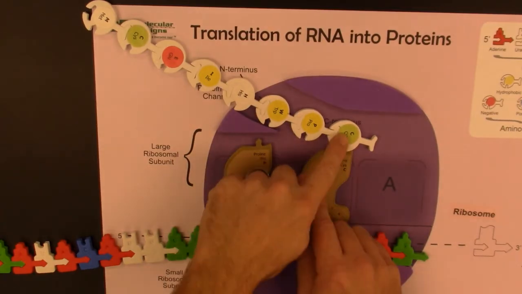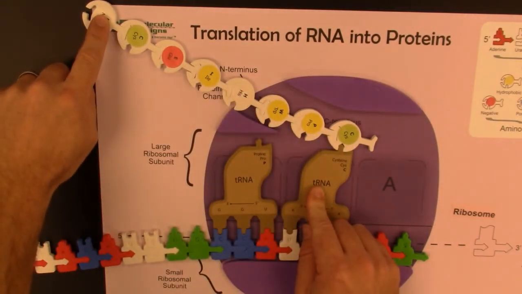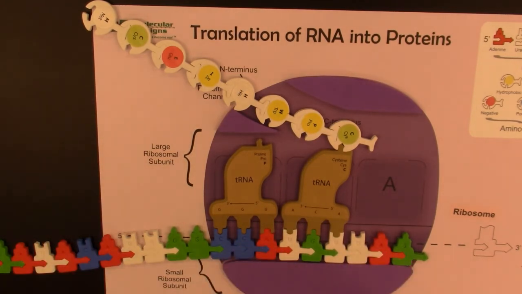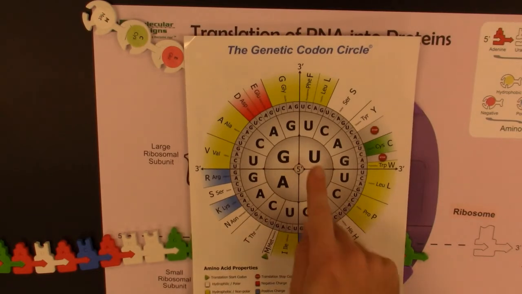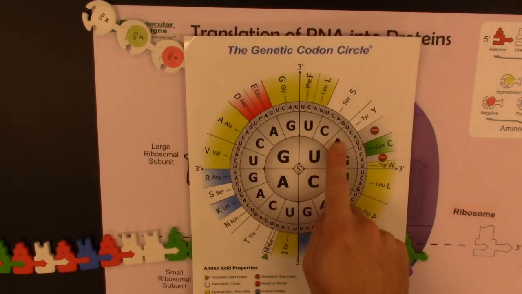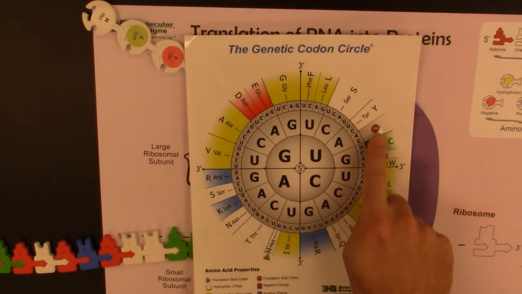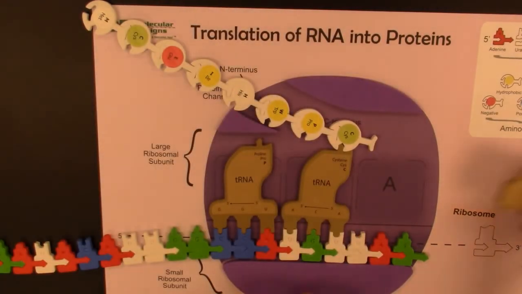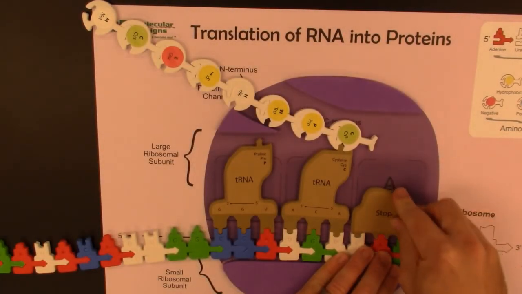Okay, we're back. We have a long chain here, a polypeptide chain. We're on our last codon, UAG. So let's see what matches up with UAG. U, A, G, stop. I need to find my stop tRNA. There we go.